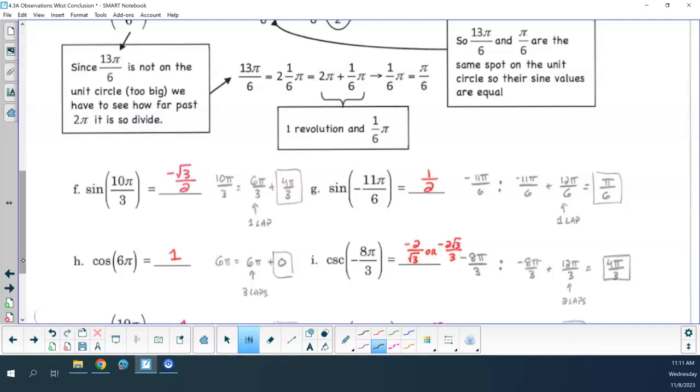Keep adding 2 pi until you get back on that first lap.